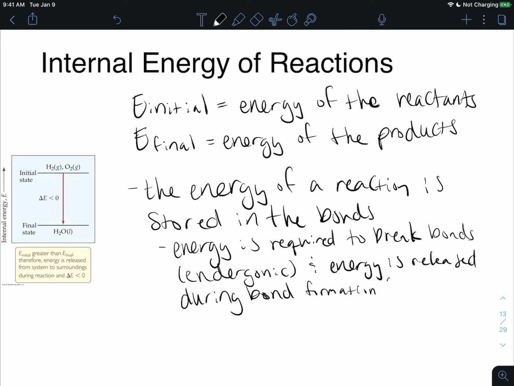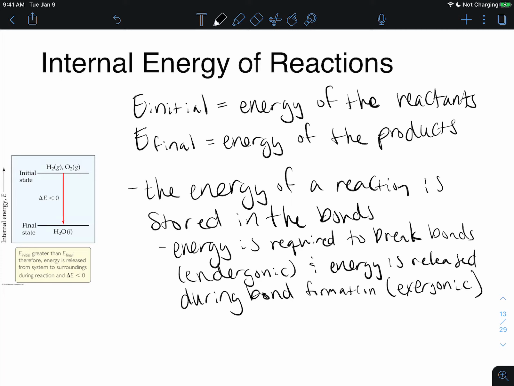So that is exergonic. Okay. Determining what the final change in energy is for a reaction, change in that internal energy, depends on the energies of the reactant bonds, the energies of the product bonds, and how much energy is required to break bonds, how much energy is going to be released during bond formation.